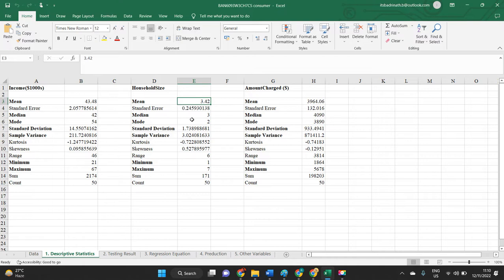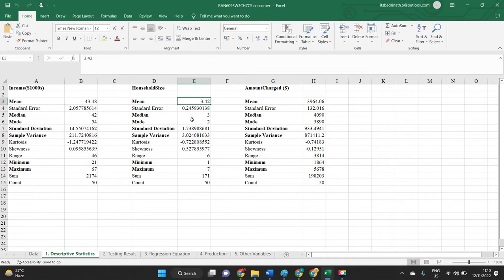When we arrange all the data in increasing order and find the central value, the central tendency, it is 3 people. The most repetitive value is 2, so most of the houses have 2 people as household size. That is the explanation related to household size.